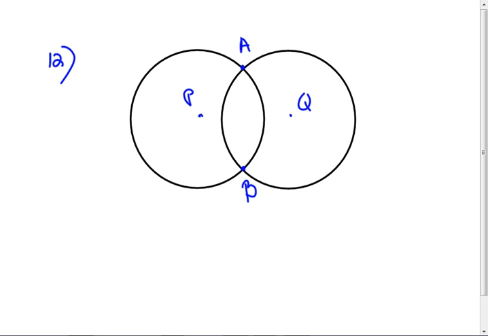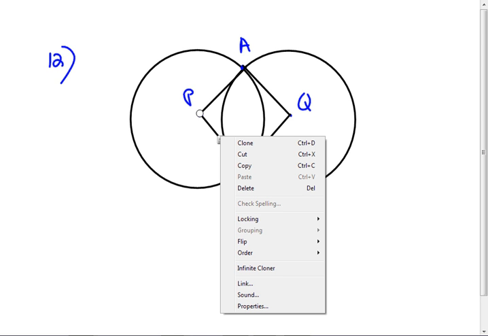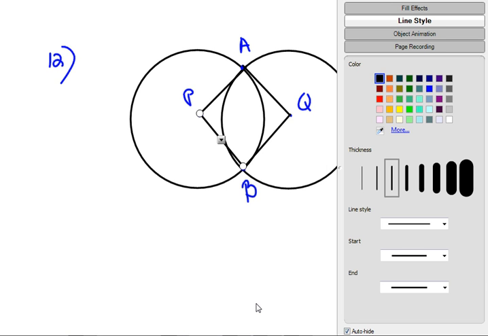And then it says draw the segments joining these points. P to A, P to A to Q, Q to B, and P to P. Guys, I'm going to change the color so you can see it a little better.